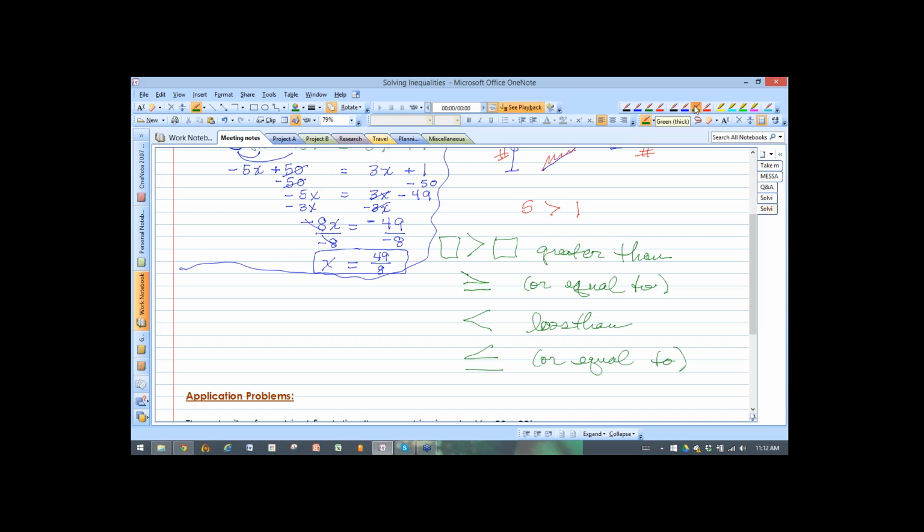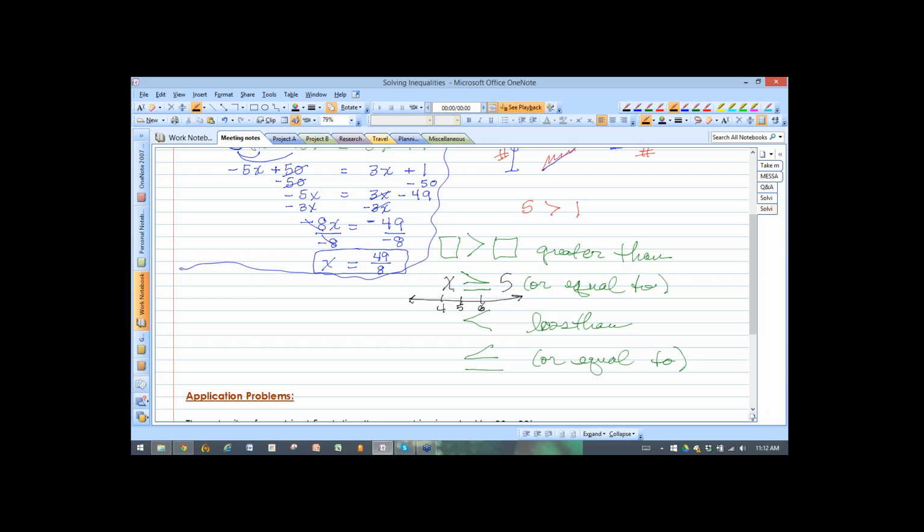Some examples of that. If I have x is greater than or equal to 5, where is this on a number line? I'm going to center it at 5, with 4 on the left and 6 on the right.